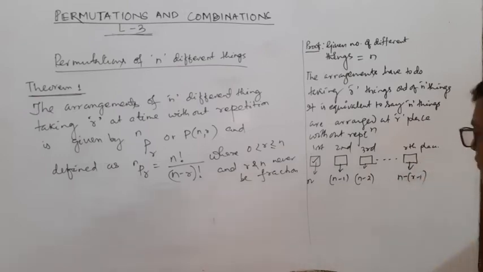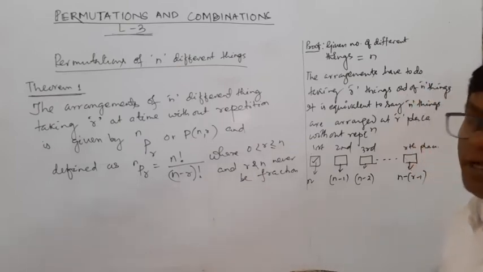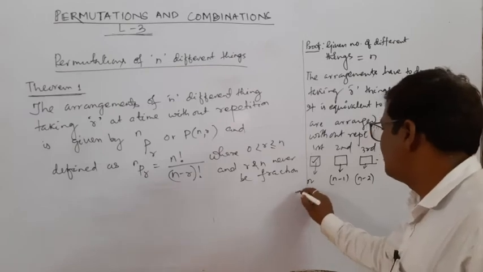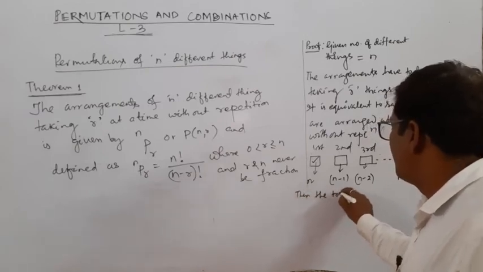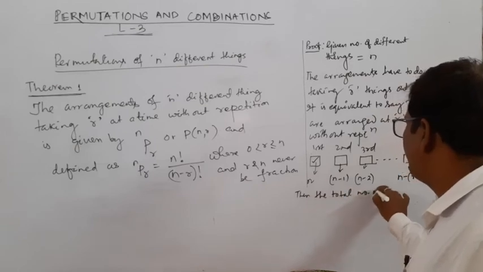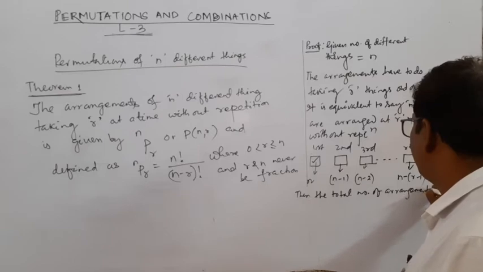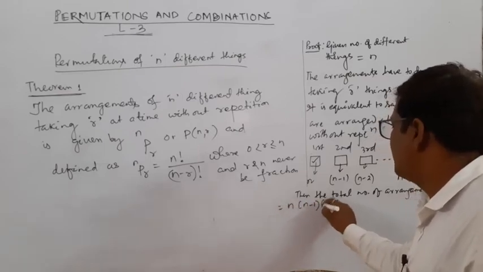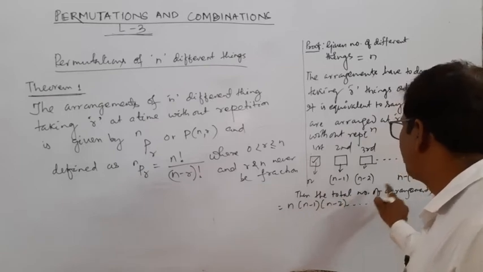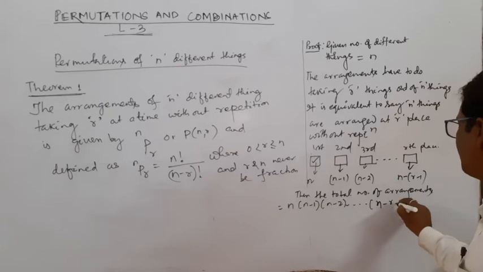Then the total number of arrangements is equal to n into n minus 1 into n minus 2 up to n minus r plus 1.